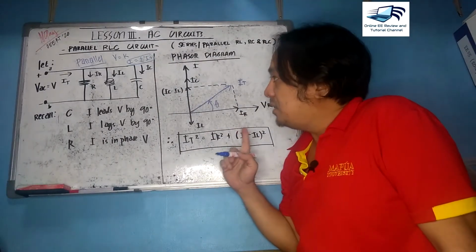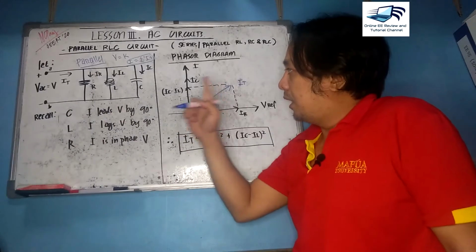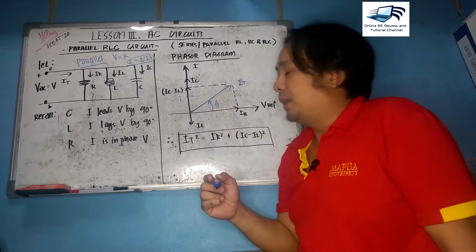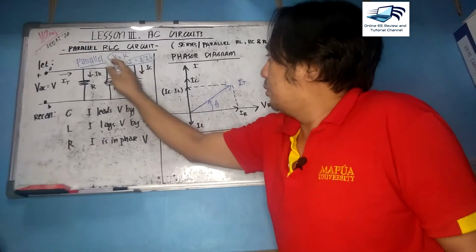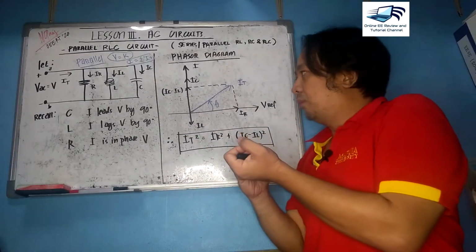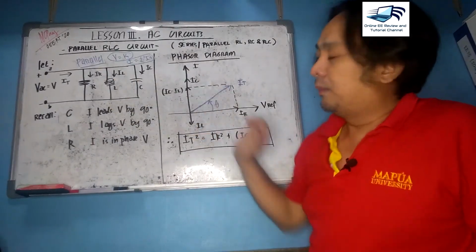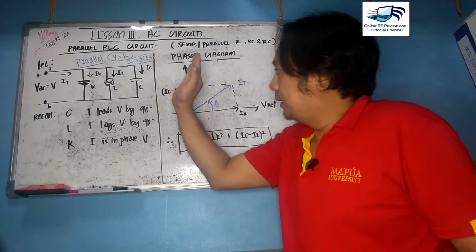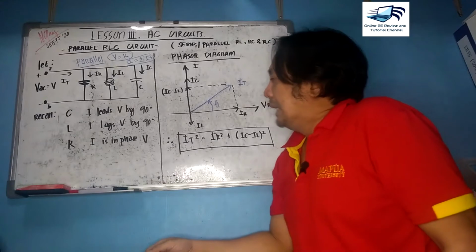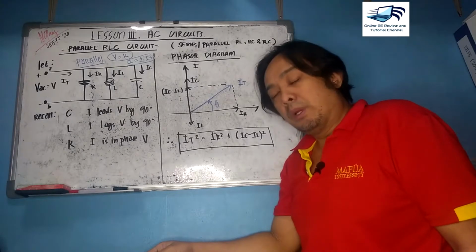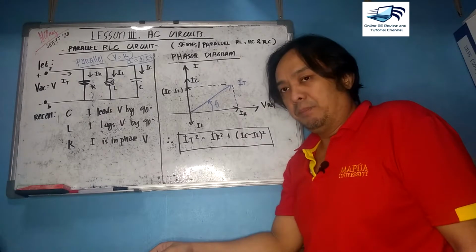So by applying KCL, IT is simply IR plus IL plus IC respectively. And the voltage is constant because the voltage in parallel branches will be the same all throughout without any interfering components.